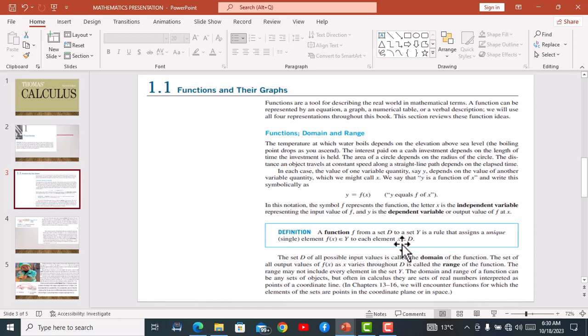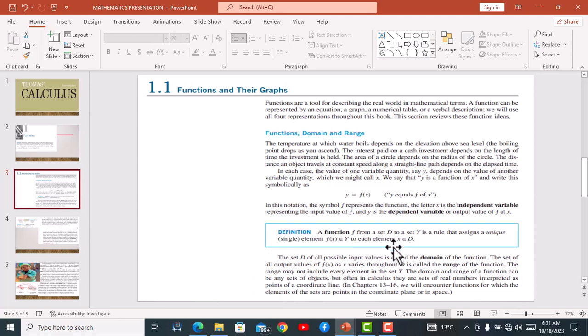Very important. So a function f from a set D, the values of the input, which are independent, to a set y, the values which are dependent on the values of D, is a rule that uniquely assigns a single element to y. Remember, f of x is y.